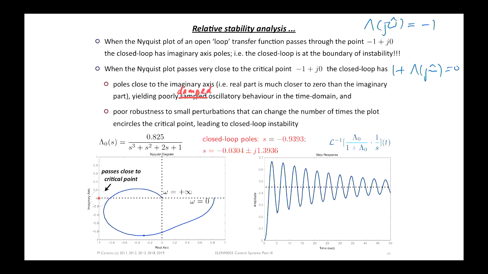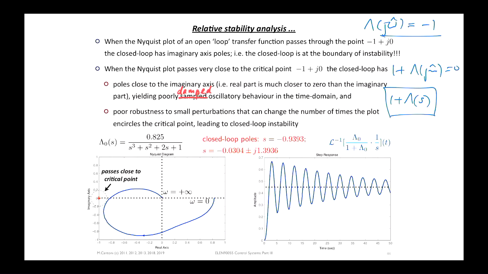In other words, this function will have a 0 on the imaginary axis, but the zeros of this function are the closed loop poles. And so if you've got a situation like this, you're going to end up with a pair of closed loop poles on the imaginary axis. They'll always appear in a complex conjugate pair because we're dealing with real rational functions, with the exception of possibly a delay.